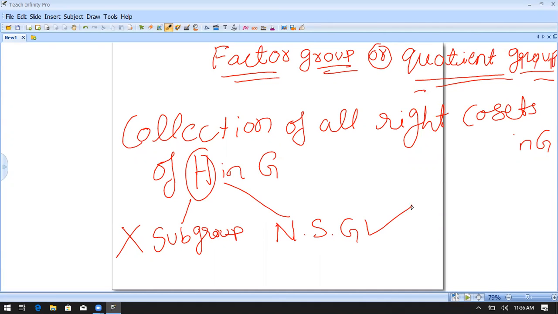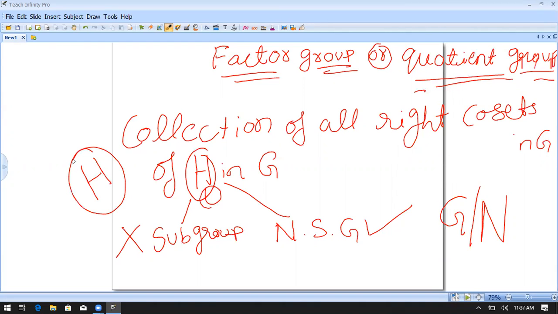This is denoted by G/N. All the right cosets of H, where H is a normal subgroup, we call a factor of a group or a quotient of a group.